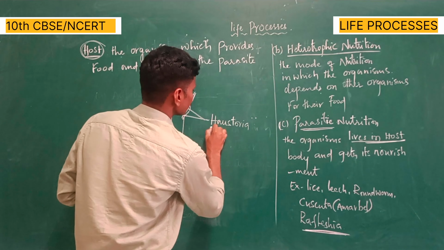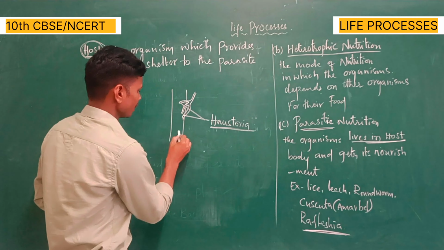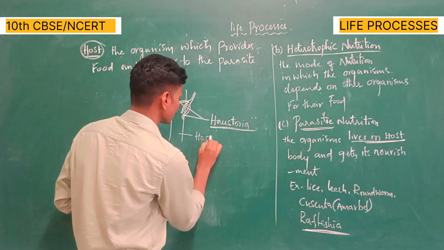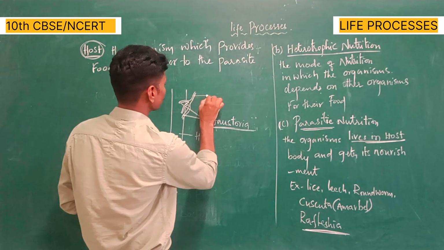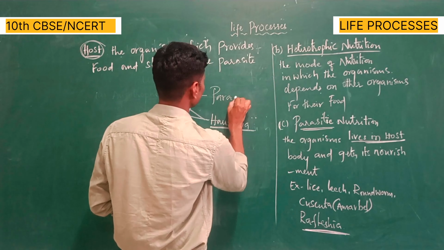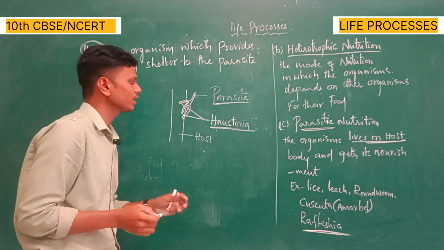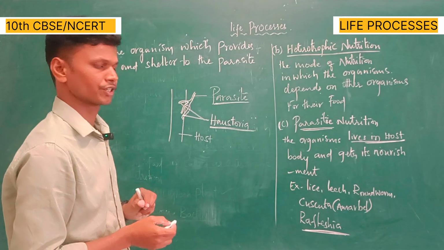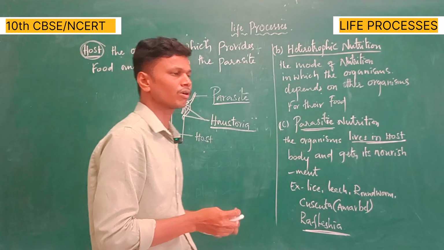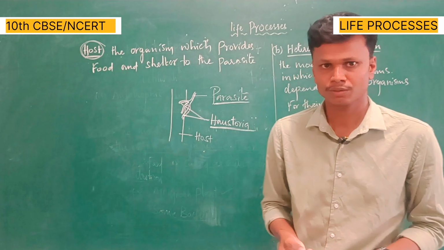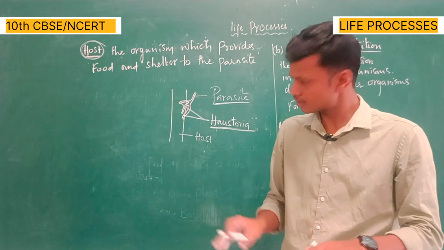So through the haustoria they will get the nourishment, and this is the host plant and this is the parasite. Why? Because there will be no chlorophyll in them. Because of the lack of chlorophyll, these are the plants.